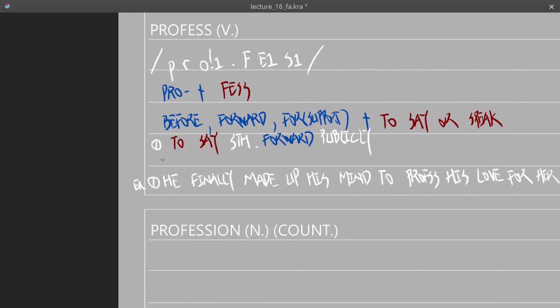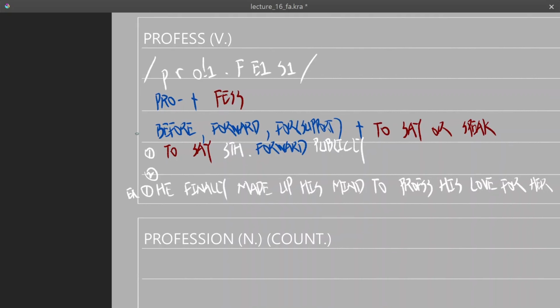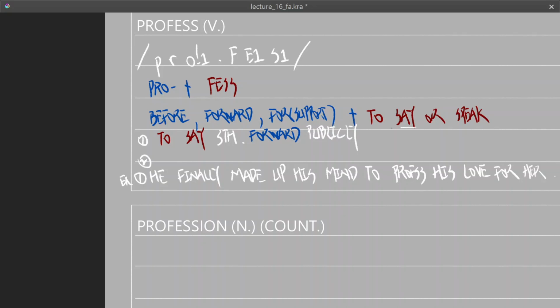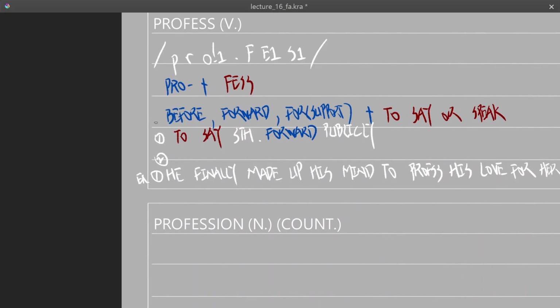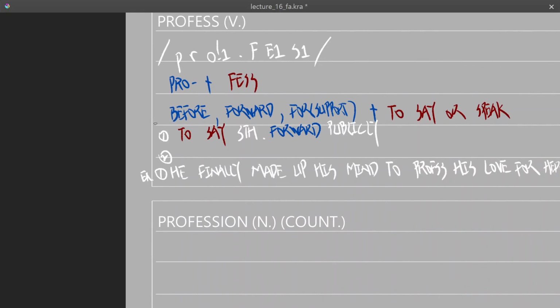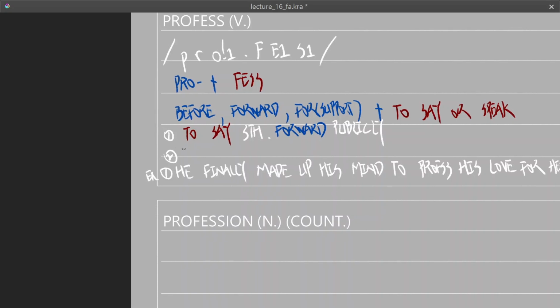And next we have the second meaning. The second meaning would be to say something beforehand, without verification.